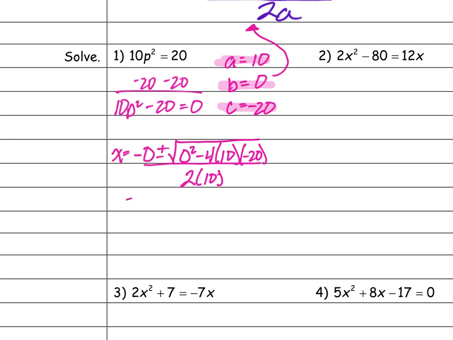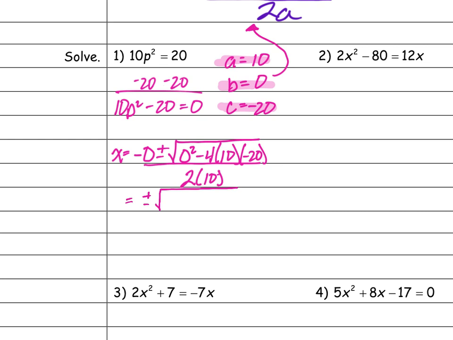So then what's negative 0? Do I have to write negative 0? No. So I'm going to start with plus or minus, and then we're going to fix what's inside the square root. So 0 squared is? Anybody? 0 squared? 0, right.